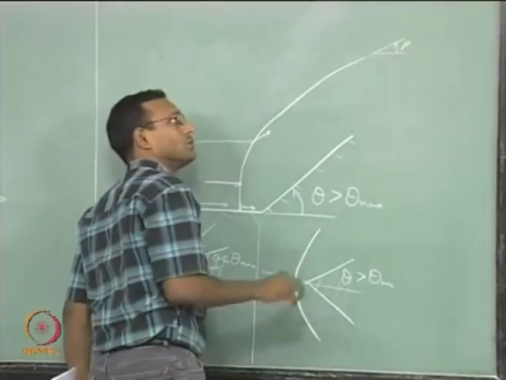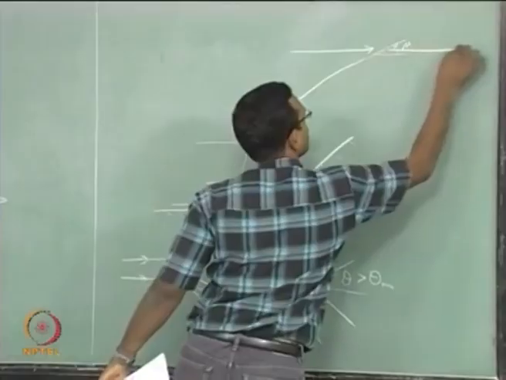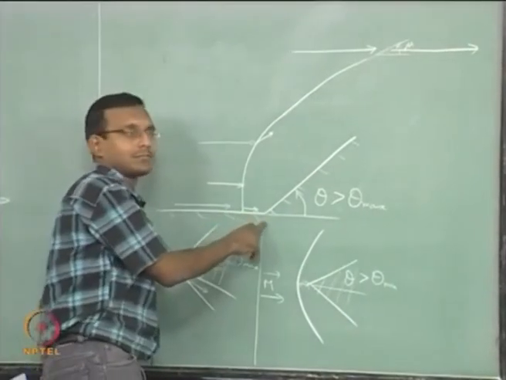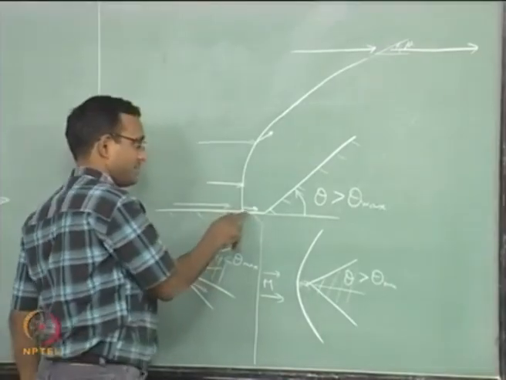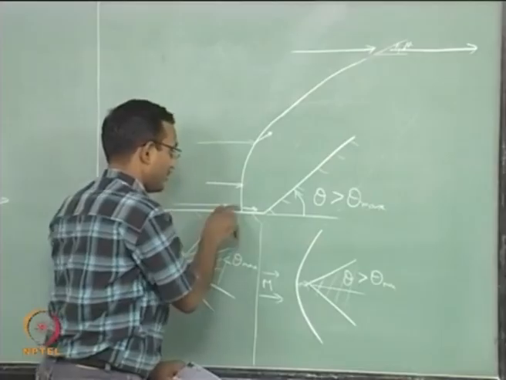If this is my mu, then the streamline that is coming here does not change, it just goes straight, that is far away from the change. Okay. And very close to the change, we said it is 90 degrees beta, so it is going to be just going straight, normal shock.